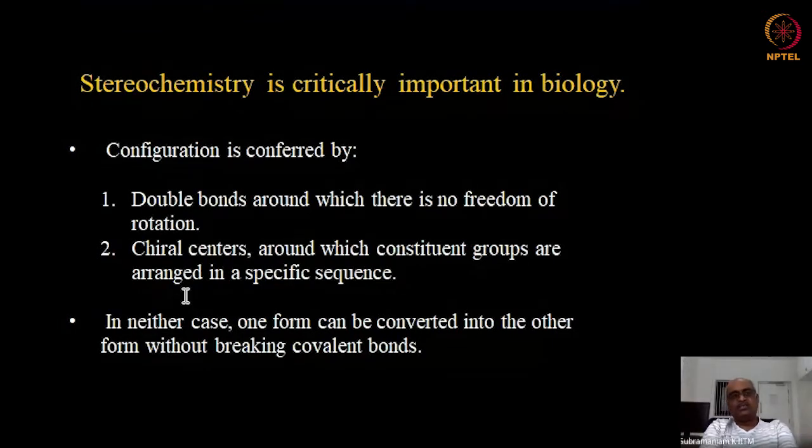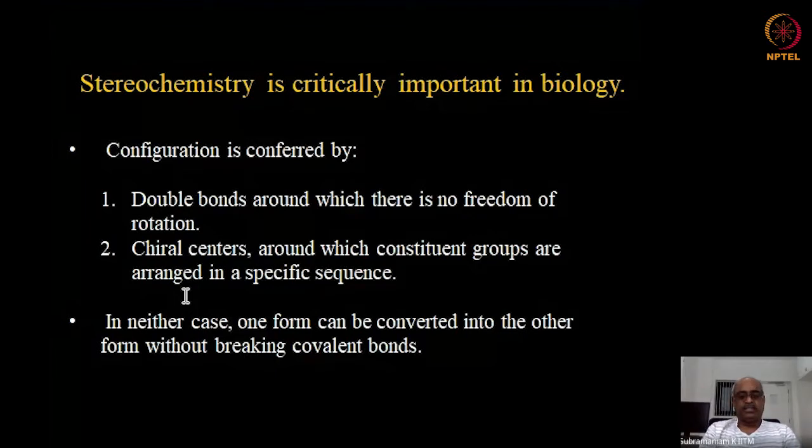So in other cases where you do not have a chiral center and where you have all single bonds, the bonds can freely rotate, and therefore the three-dimensional position of constituent atoms can readily change. So there isn't anything to talk about as a specific configuration.